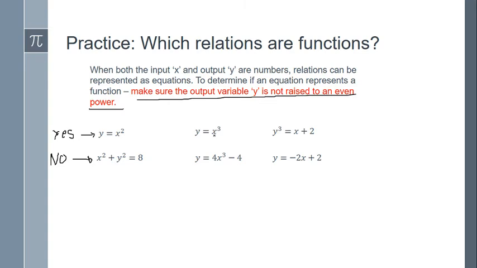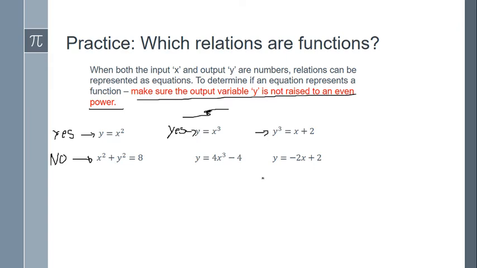Again, it's okay to raise the input variable, the x, to any power we want. All you're looking for is to see that y isn't being raised to an even power, and that makes this really easy. So this is a yes, and in fact, it was the S shape that you saw on the previous page. This makes this shape, except it doesn't overlap like that.